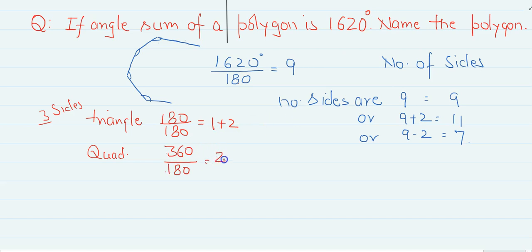So there are 2 triangles. If there are 2 triangles, there are 4 sides. These are 1, 2 triangles and sides are 1, 2, 3, 4. In the same way, there is 1 triangle and sides are 1, 2, 3.